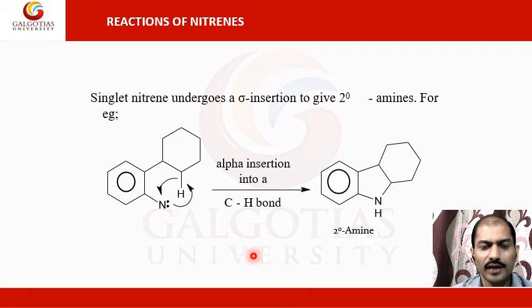Similarly, these two free electrons in the species can exist either in a singlet form or in a triplet form. In this molecule, there is an insertion into a carbon hydrogen bond. This is an insertion reaction. It undergoes this kind of rearrangement, and finally this makes a secondary amine.